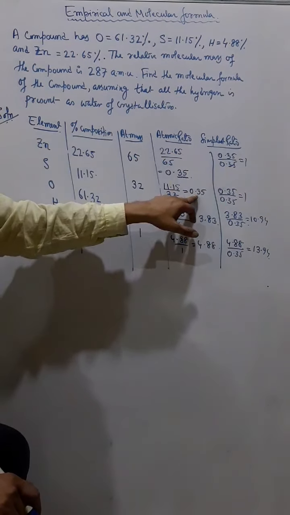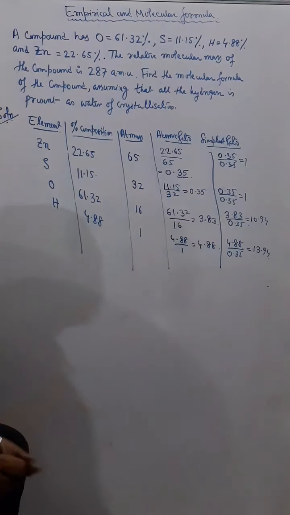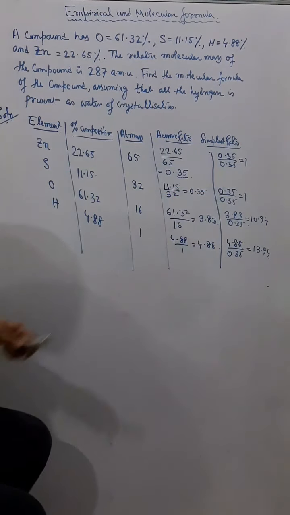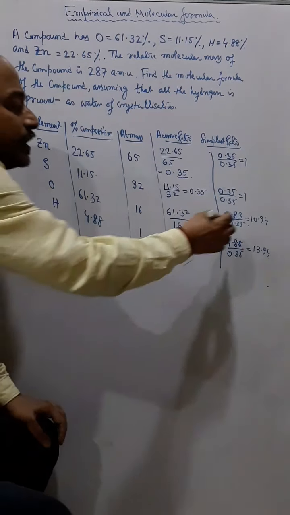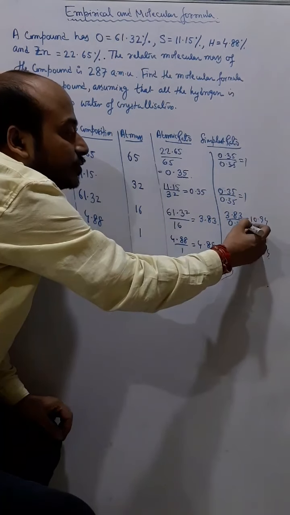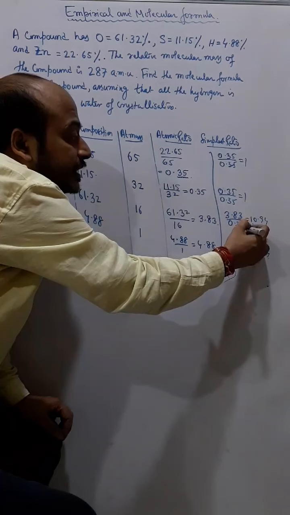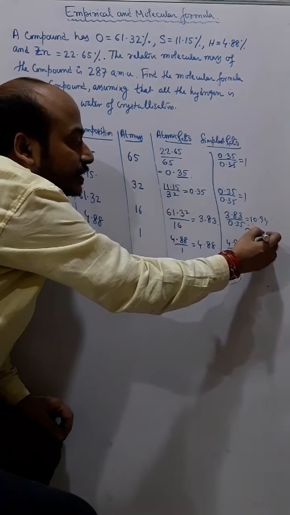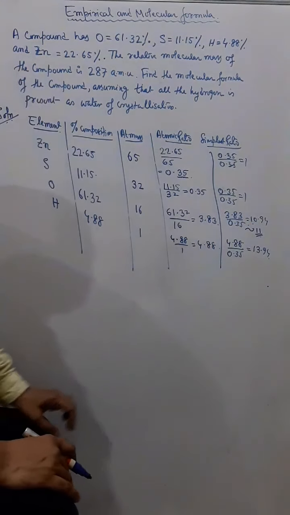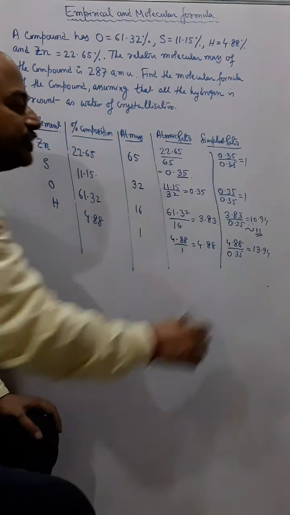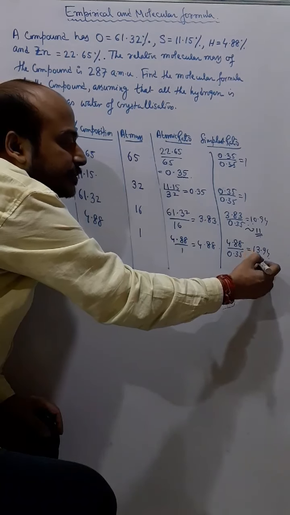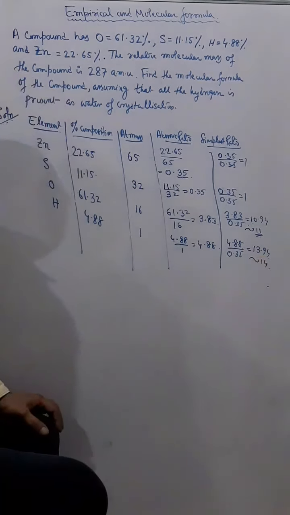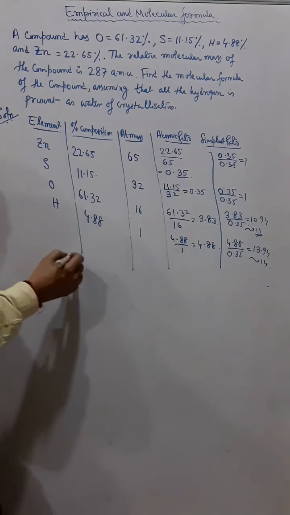The second one will be 0.35 by 0.35, again 1. The third one will be 3.83 by 0.35, and you can see we are getting 10.94, so approximately we will take it as 11. Similarly, 4.88 by 0.35 we are getting 13.94, which approximately we will take as 14, the ratio. Understand? So now we can get the empirical formula.